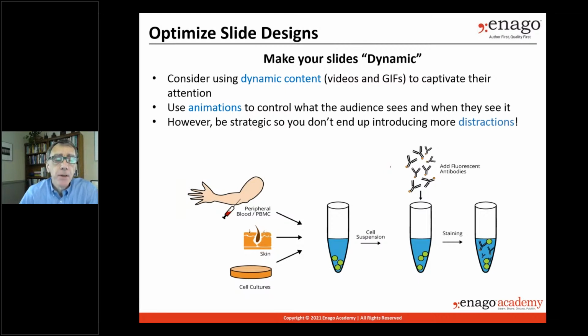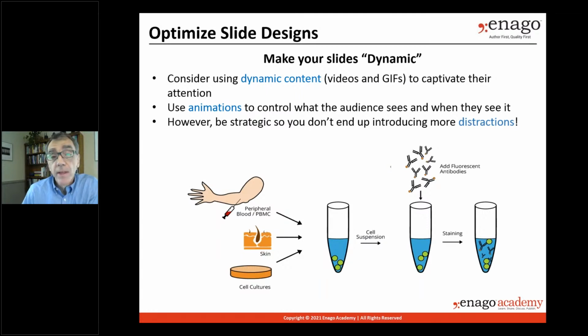And by that I mean you have some flow diagrams or possibly even an animation to help control what the audience sees. And you can have GIFs or something else, or animations, or even little movies embedded in your presentations. But again, restraint is the watchword, because it can also come off as a little too much and distracting.